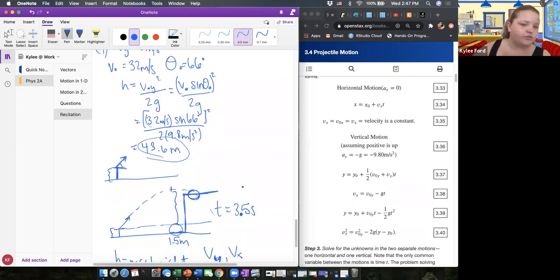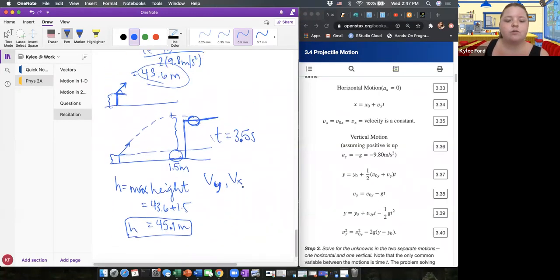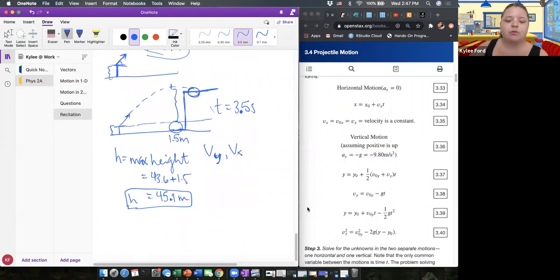Did I ever solve for it? So I know that, remember in trajectories, the velocity in the x direction remains the same throughout, okay? So my Vx is going to be the same as V naught x.